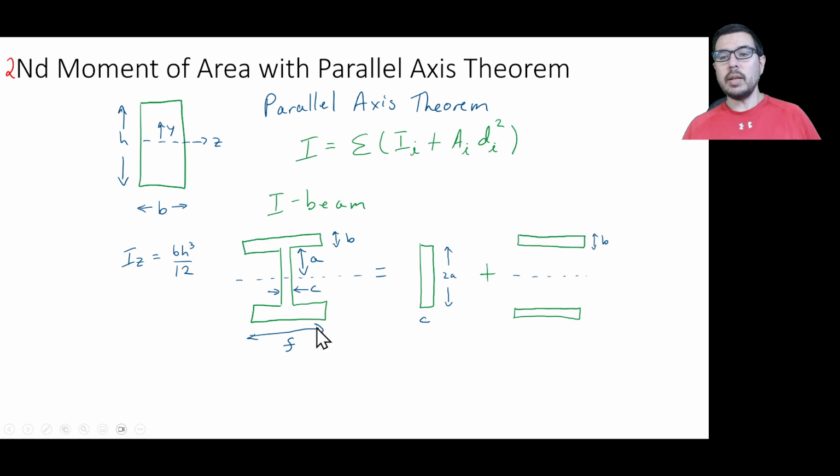Now look at this. There are two other rectangles that I can put on here, and if we look at this rectangle here, I can calculate a second moment of area for that region. Okay, and that one, the width is going to be f, and the naming's a little bit different, right?